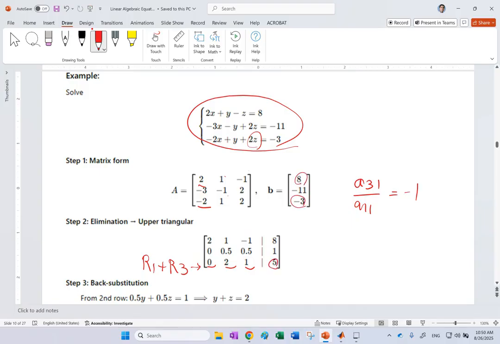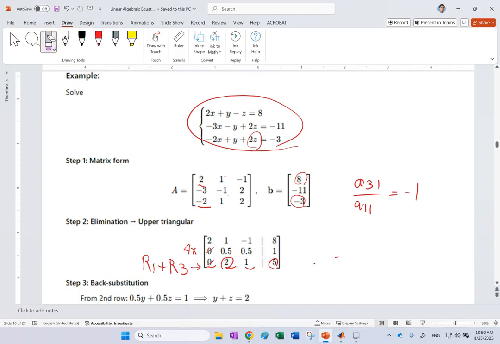So right now you see two of them are turned into 0. The last thing you need to do is to take care of this one. And for that, you use the diagonal above it, which is 2, 2. So you divide 2 by 0.5, and the ratio is 4. So this time you need to multiply row 2 by a 4 and subtract it from row 3, okay?